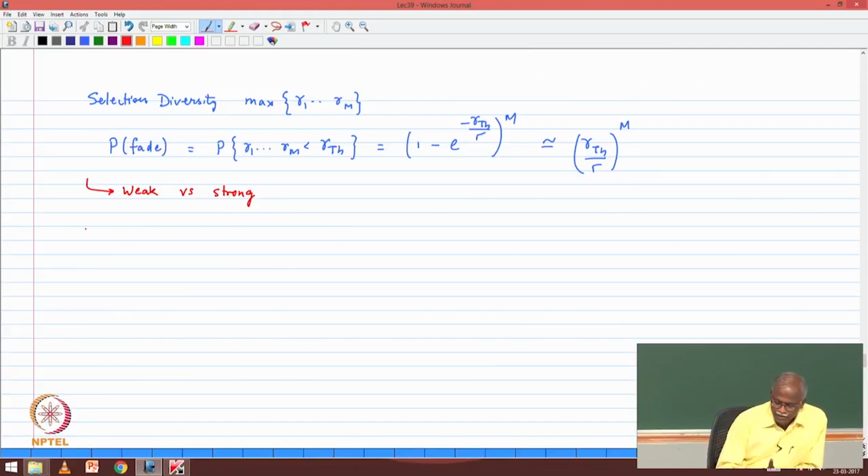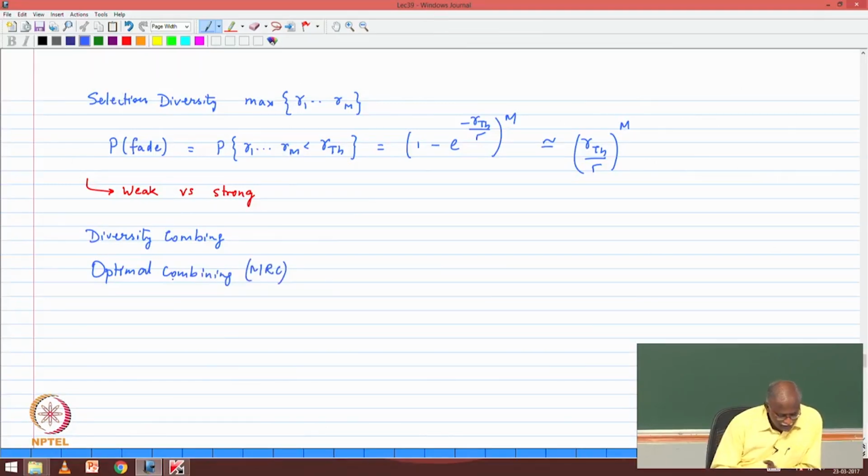Better than selection diversity was diversity combining, where we saw that we could get the benefit of both channels, and this then led us to the optimal combining, which was maximal ratio combining, MRC.